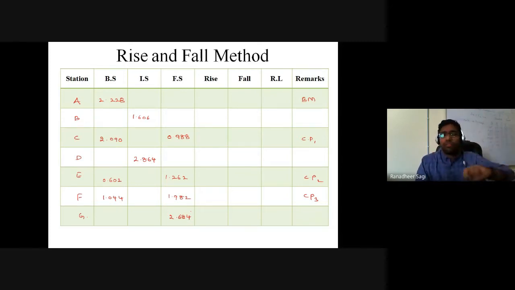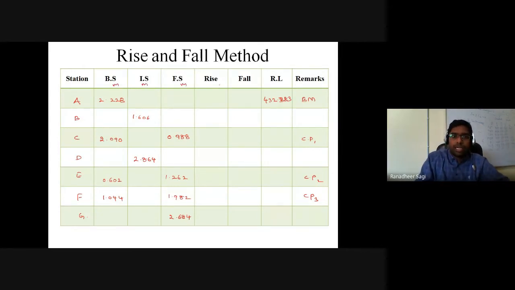This is how the level book page is going to be for the rise and fall method. Now, applying the rise and fall method to calculate the RL values of various points, the RL value corresponding to the benchmark point is given as 432.383 meters.